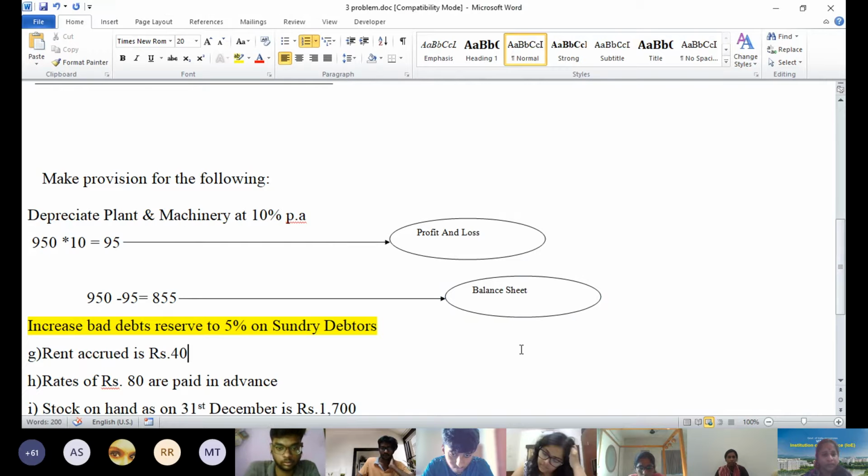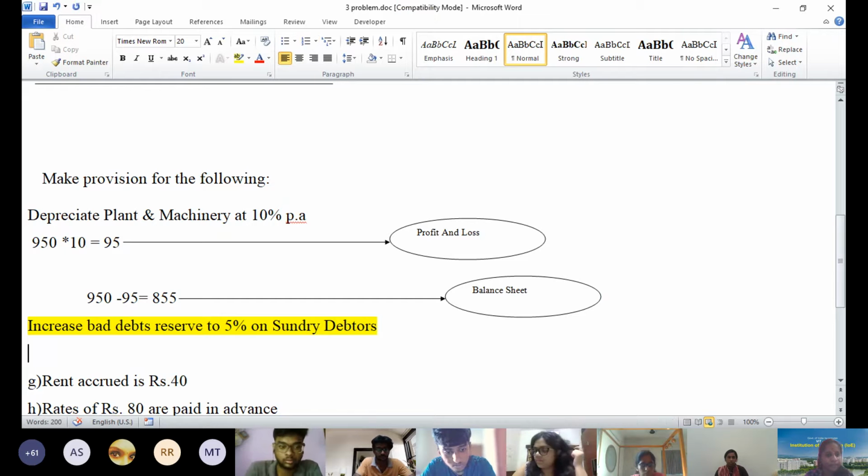That's how we do it. This is how we segregate the aspects of our provisions.